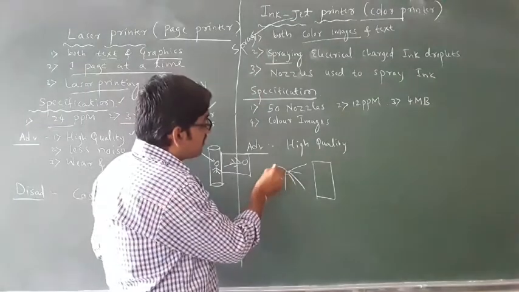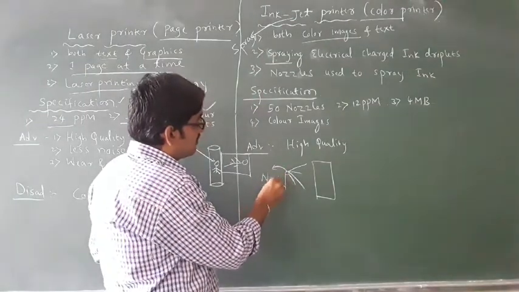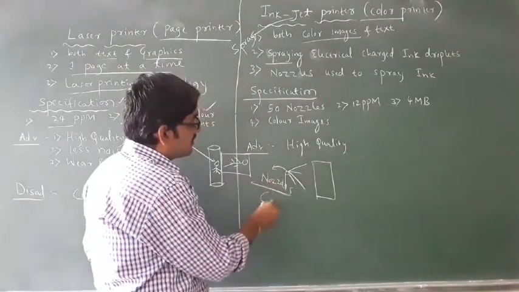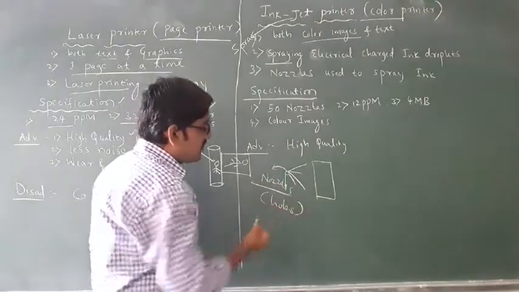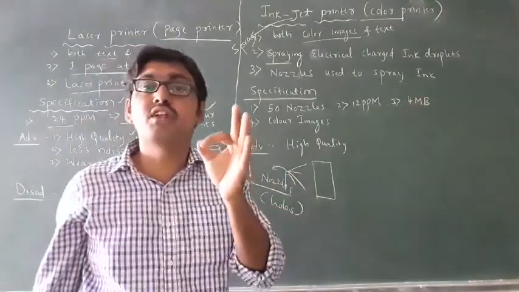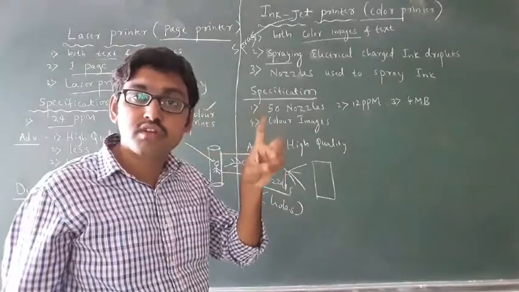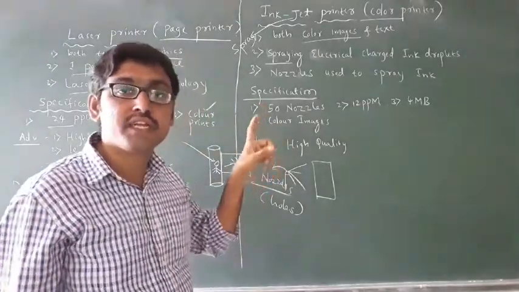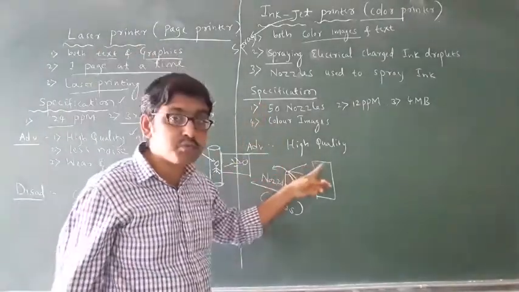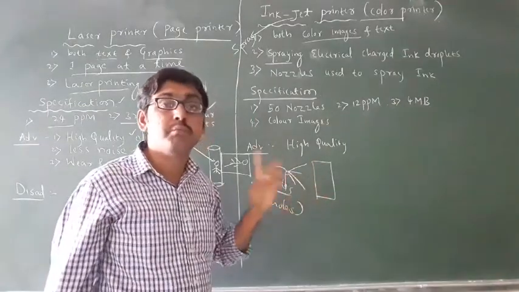Nozzles are nothing but holes. It always has about 50 nozzles. Through these nozzles it sprays the ink on the paper and produces images on the paper.